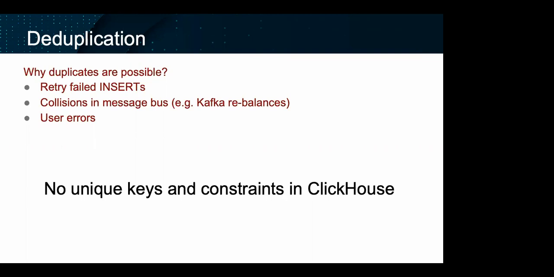And also user errors. If you run your import twice, you can get duplicate data. But the problem is that there are no unique keys and unique constraints in ClickHouse, so there is no good way to guarantee, at least on the database level, that there are no duplicates.